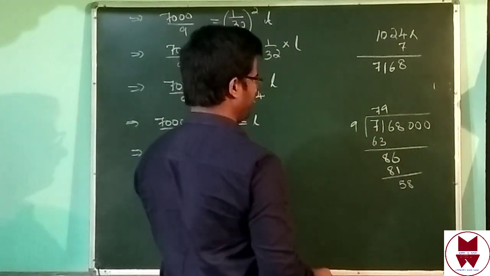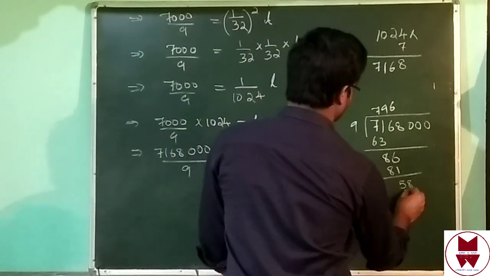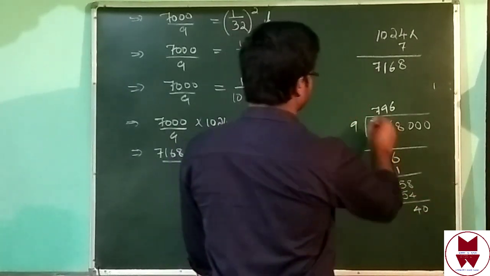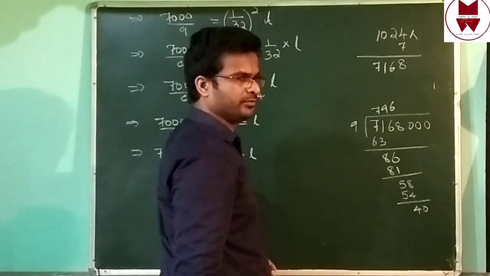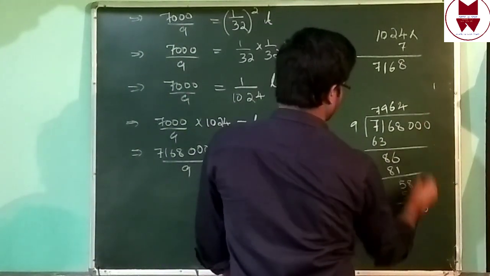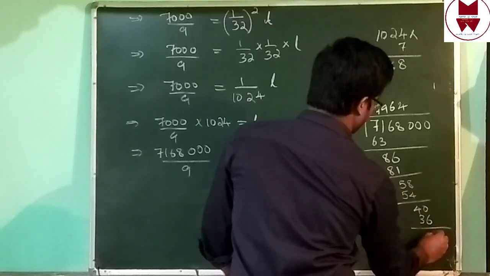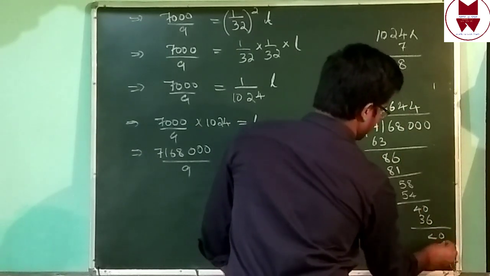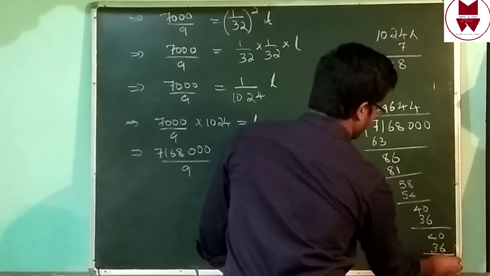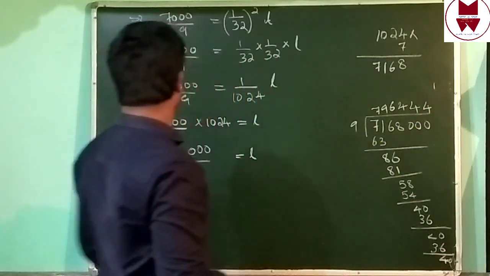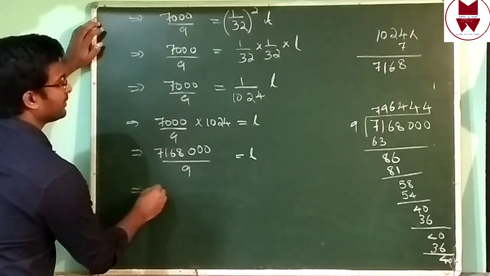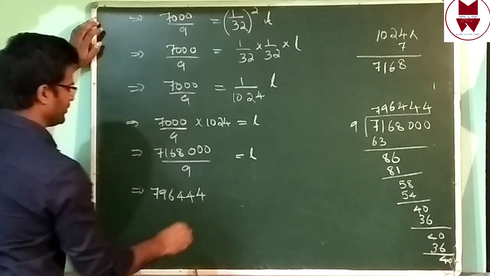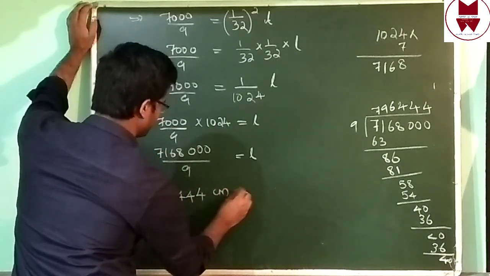In 58, 6 times is 54, then 4, 0. In 40, how many times? 4 times 36, again 4, one more 4, 36, again one more, 0 remaining. We will get 7 9 6 4 4 4 centimeter.